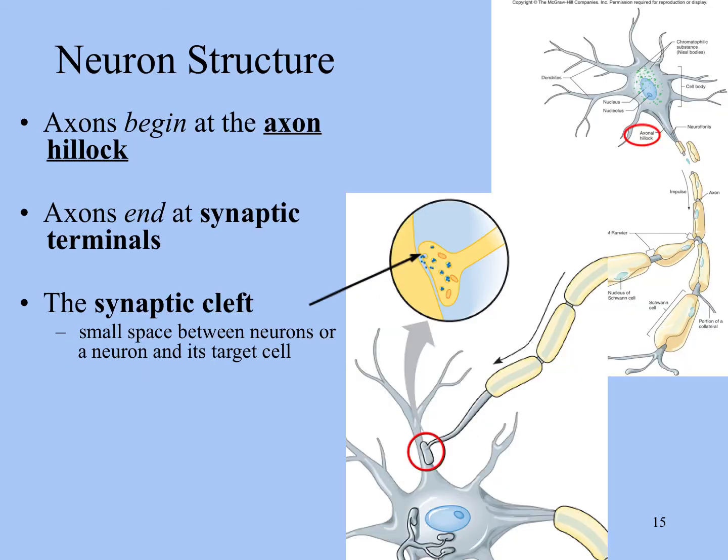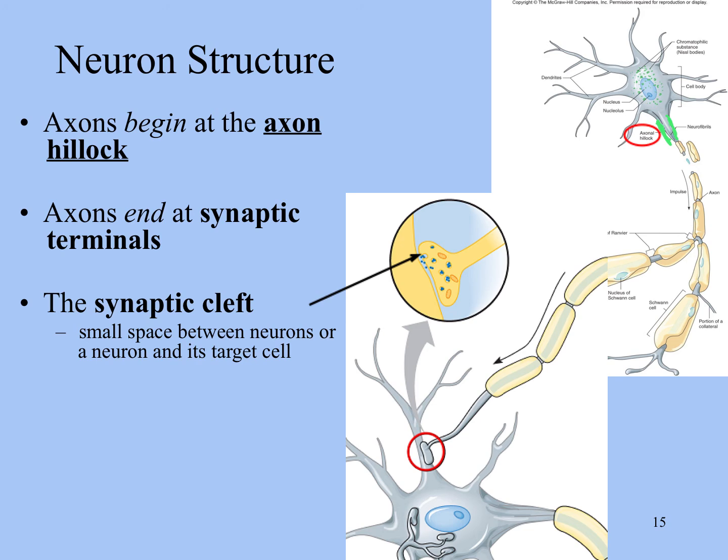All right, the one thing your crash course videos did not go into as far as neuron structure is the specificities. So what I do want you to get that they didn't cover in there is that the beginning of an axon is this enlarged region right here that's called the axon hillock.